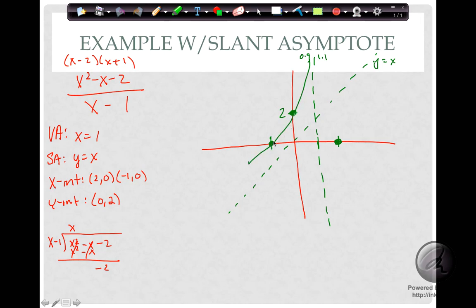Connect those two dots, and I just missed. Let's try that with an eraser there. Hey, look at that. Okay, this is going to come down here, and it's just going to keep coming down and follow the asymptote. You'll notice down here at 1.1, it's negative. It has to come up and cross that number, and then it's going to come up here and approach the asymptote.